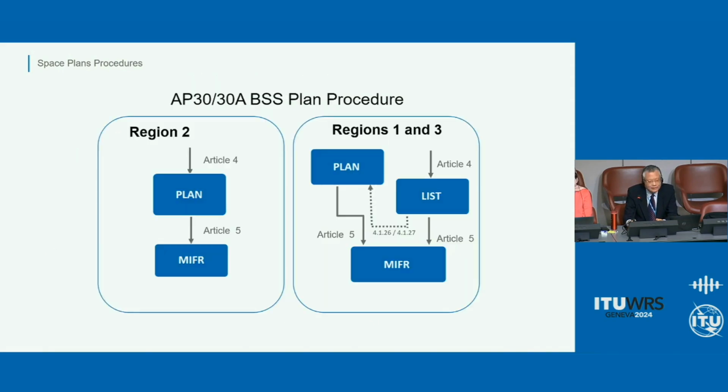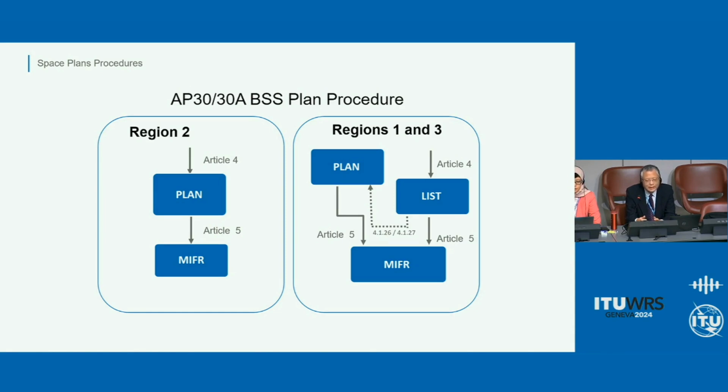So let's look briefly at the provisions or procedures for using the space plan. The most important ones for 30/30A are Article 4 and Article 5, and Region 1 and Region 3 are different from Region 2. For Region 2, you submit under Article 4 if you want to modify your plan.